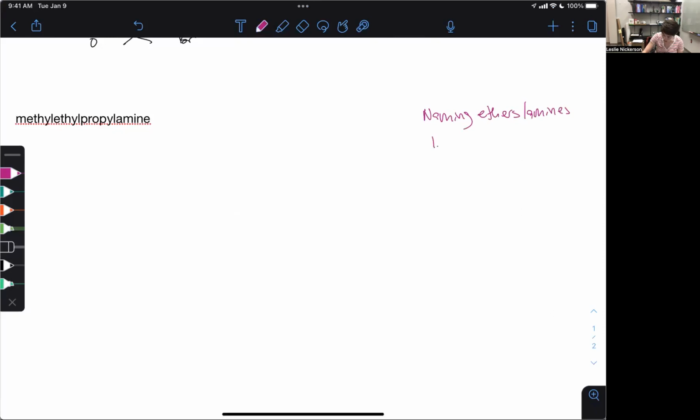I would one, identify if it's an ether or an amine. And that's pretty straightforward. You're just going to look at what's at the end of the molecule. Okay, and then number two, I would just draw out all of the pieces leading up to that ether or amine word.